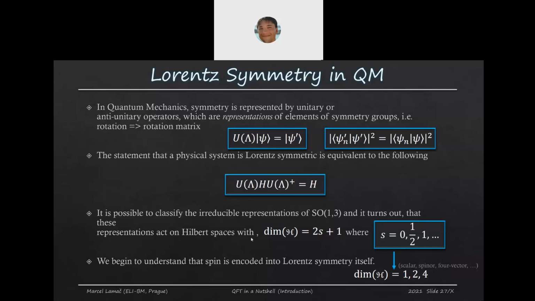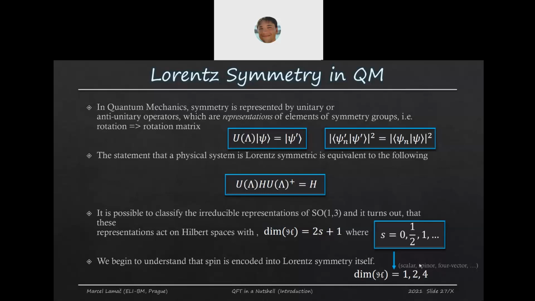And we see that even before we actually start quantizing anything, it turns out that representations of Lorentz transformations have something to do with spin, because they give some additional structure to the states in the Hilbert space. So basically, the Lorentz transformations themselves are somehow related to spin. That's just some side discussion concerning this.